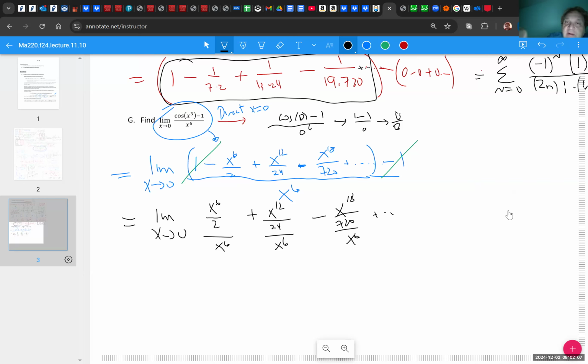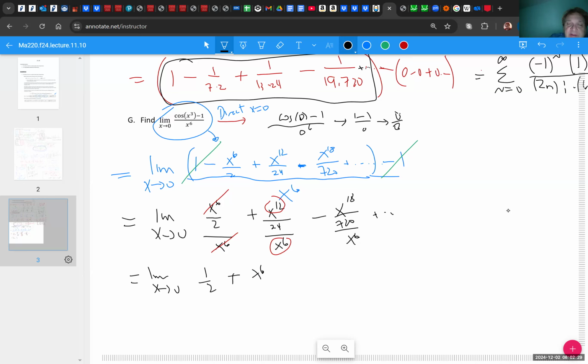All right, so here, x to the 6th divided by x to the 6th is just 1. So this becomes the limit as x approaches 0 of just 1 over 2. Here we have x to the 12th and x to the 6th. We have two powers that have the same base, so we subtract the exponents. So here we get x to the 6th.